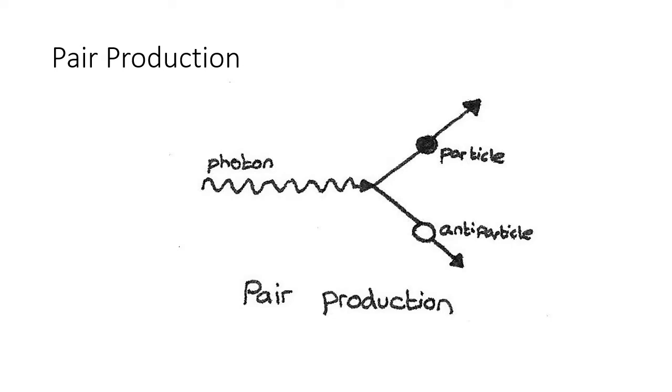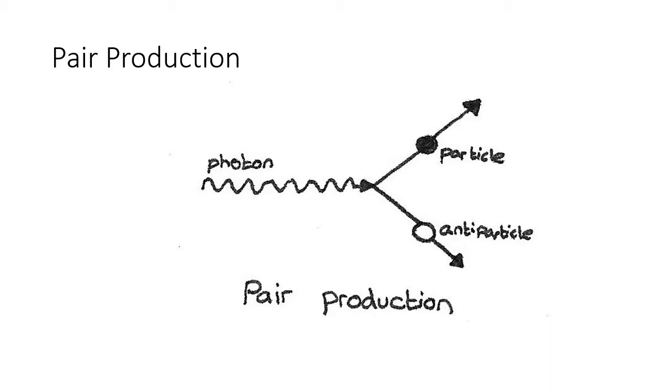This is more like what you would normally draw if you were asked to draw what's going on in pair production. High energy photon, and the photon is then converting its energy into a particle-antiparticle pair. And just like annihilation, because the particle and the antiparticle have opposite quantum numbers, we haven't broken any conservation rules by making a particle-antiparticle pair.